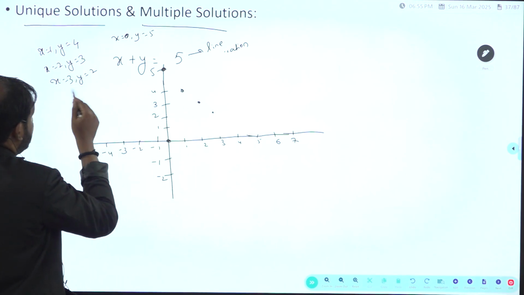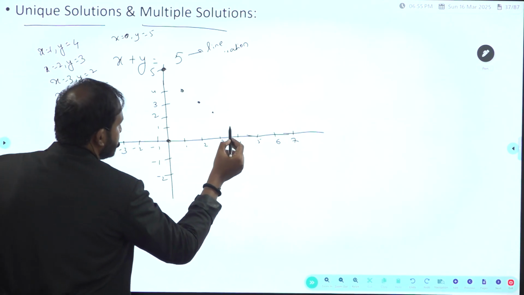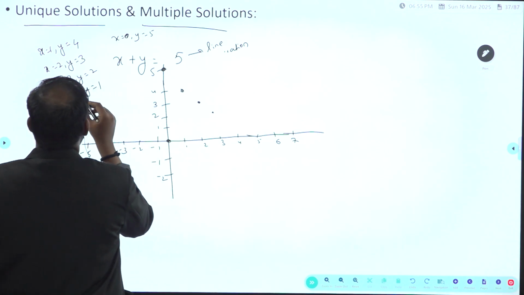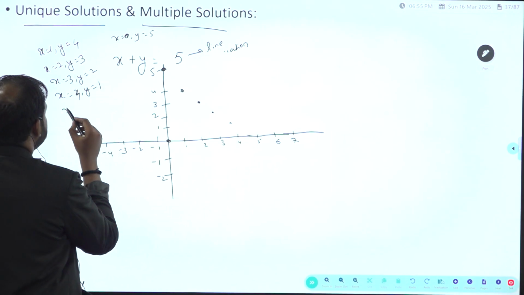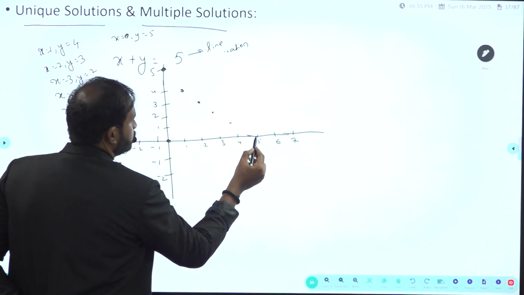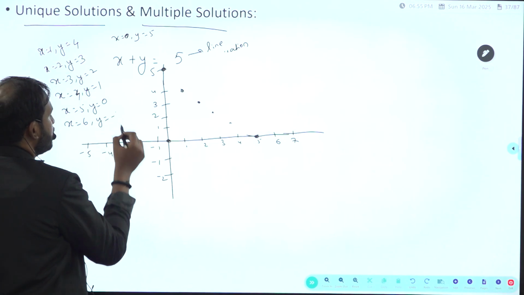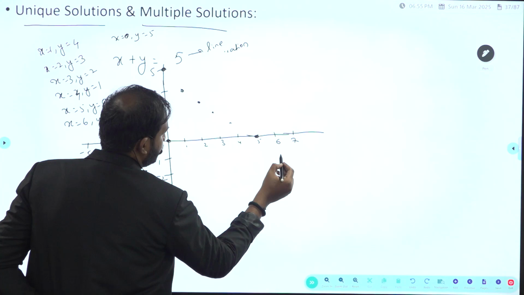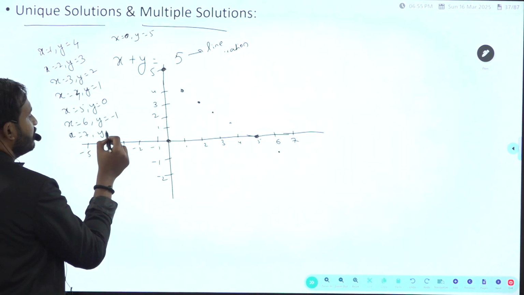If I take x value as 4, y value will be 1. If I take x value as 5, y value is 0. If I take x value as 6, y value becomes -1.